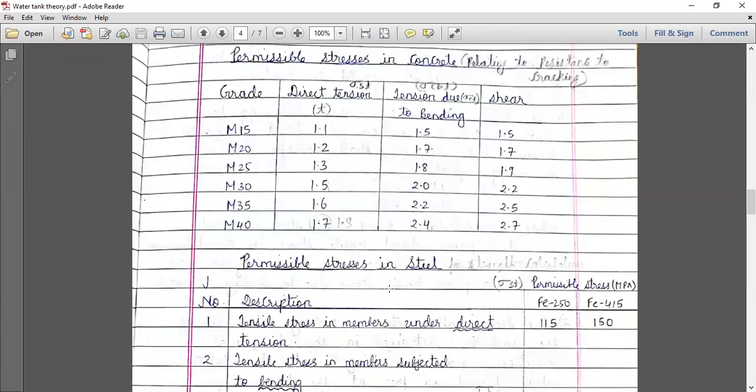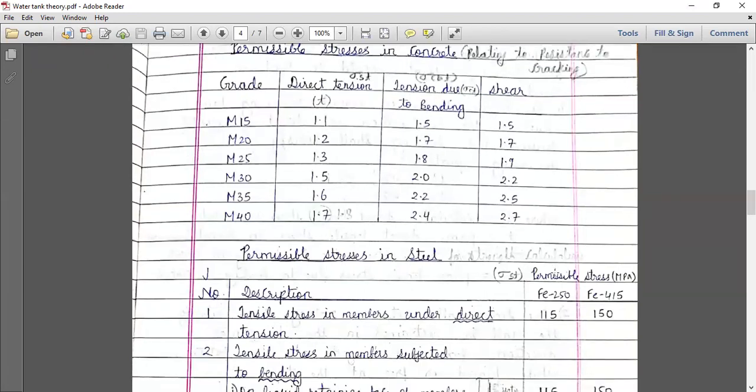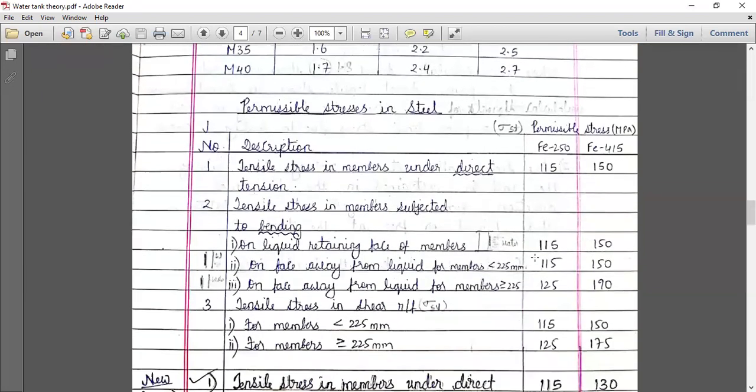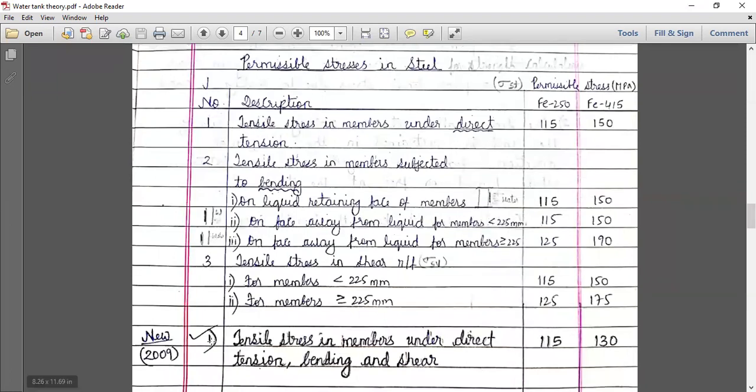The next table is permissible stresses in steel for strength calculation. This is the new one; this is the old one. In the old code it was divided into three parts. The permissible stresses were different for direct tension, different for bending and different for shear. And within that, there was a different stress on the liquid retaining face and a different one on the face away from the liquid.